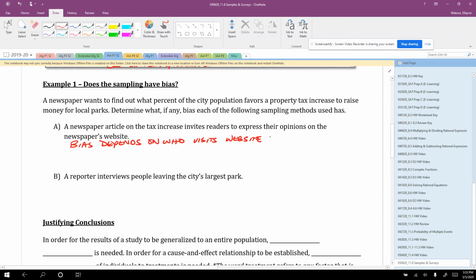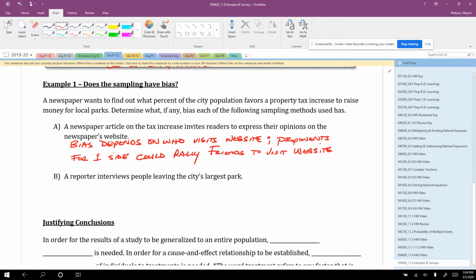Also, let's say proponents for one side, whichever side of the argument they're on, could rally friends to visit the website and express their opinion. So the bias really depends on who visits the website. And if it's a bunch of property owners that are against a property tax increase, then they could rally all their friends to go on the website and express their opinions as well.